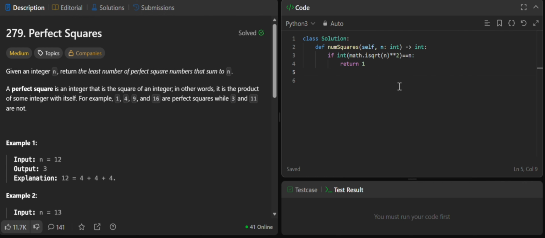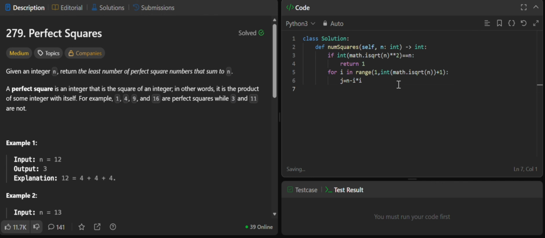Again, we check if n is equal to a squared plus b squared. We iterate with a for loop for i in range 1 to math.isqrt(n) plus 1, since we need to start from 1 onwards, and then j is equal to n minus i times i.